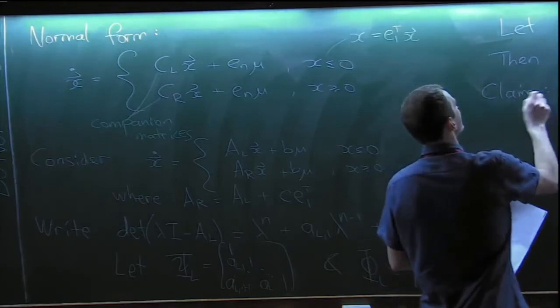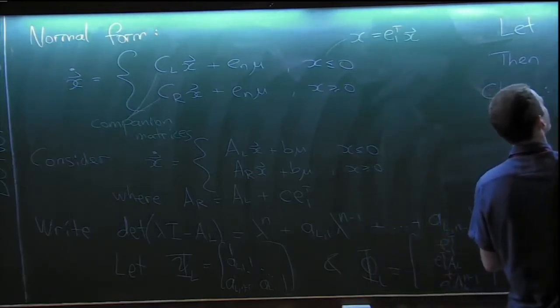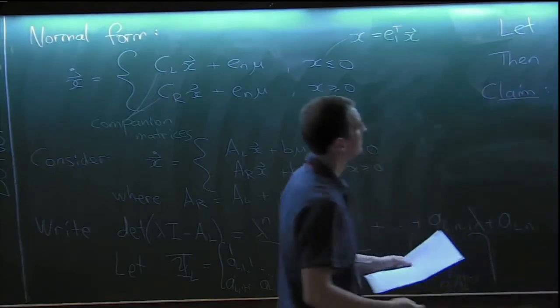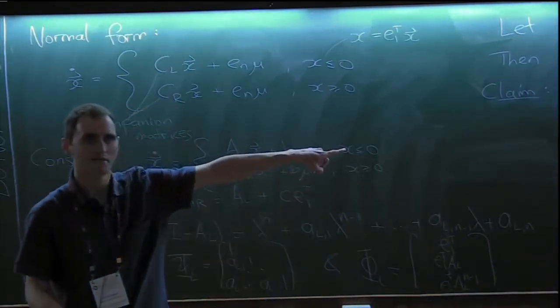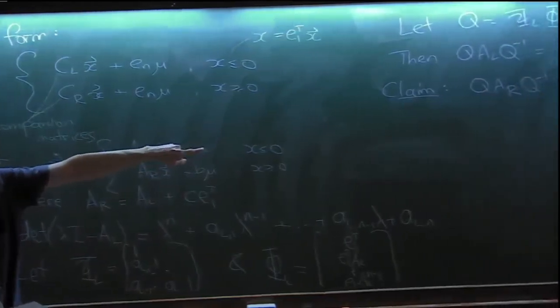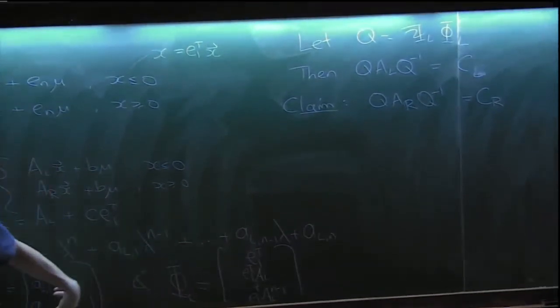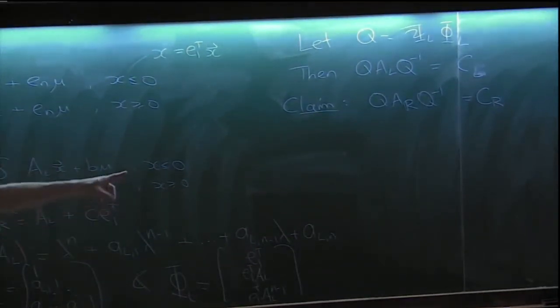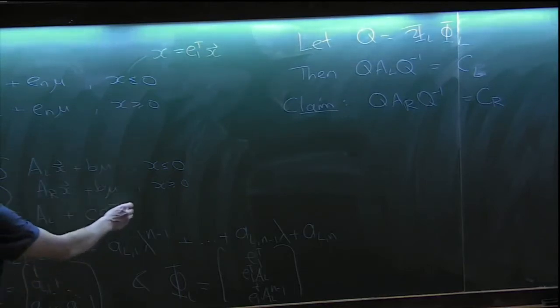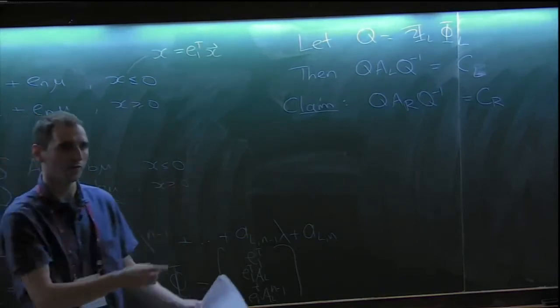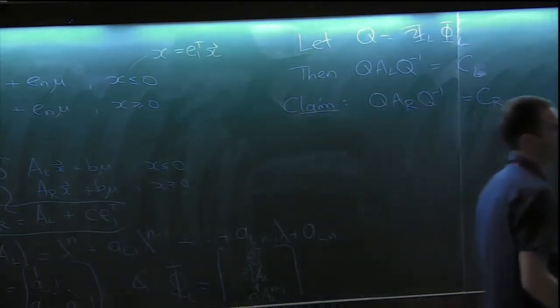So I claim Q AR Q inverse equals CR. Okay, so that's my claim, and it's far from obvious that this is true, because the matrix Q is constructed using AL. So why should this work for AR? Well, this works because AR is related to AL in this way. And I can prove it to you in a few lines.